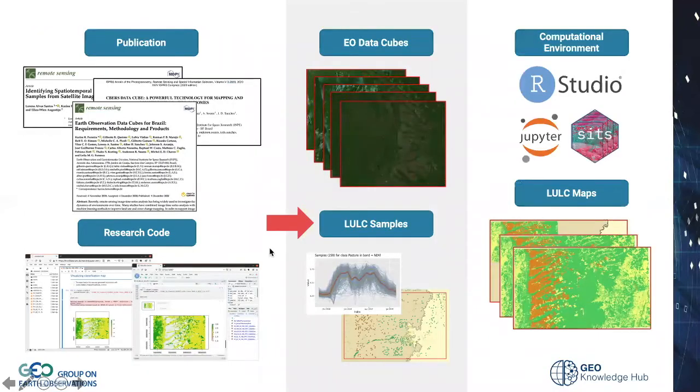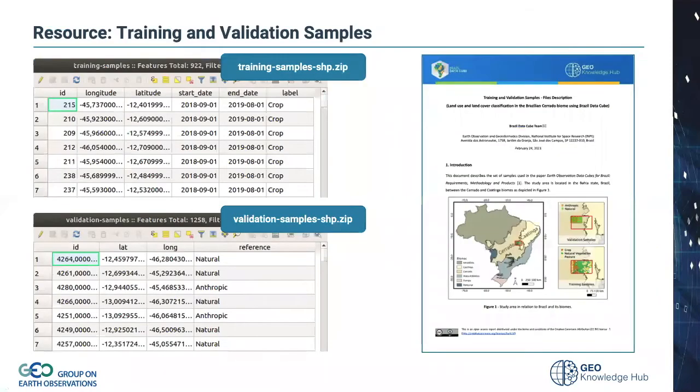The training and validation samples are also explained in detail. The metadata and auxiliary documentation in the Knowledge Hub contains an in-depth description of the sample set used for training the multi-layer perceptron model used in the application.